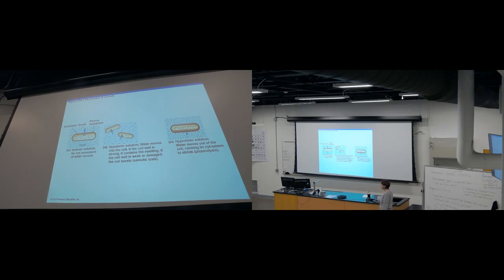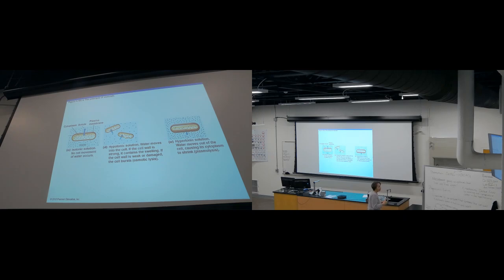So then something similar can happen to bacteria. Bacteria in its cytoplasm has a specific concentration of solids. And these bacteria can encounter two types of environment: isotonic or normotonic. It can encounter a hypertonic, or it can encounter a hypotonic environment.